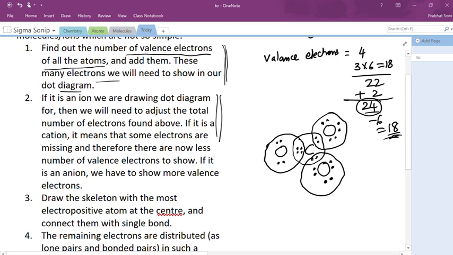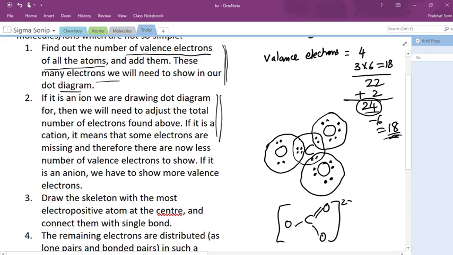All atoms have a full octet in the valence shell, and I see that a total of 24 electrons have been used. So the structural diagram for the carbonate ion would be this. Then we need to show that there is a negative charge here.